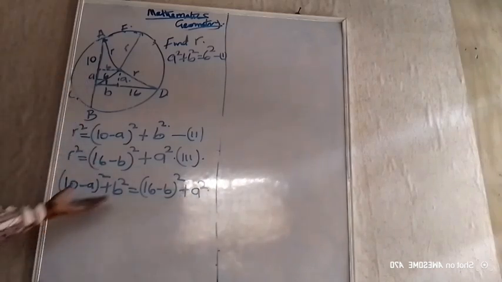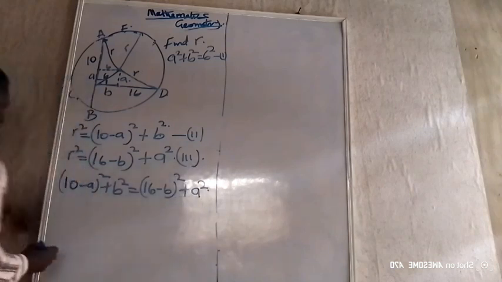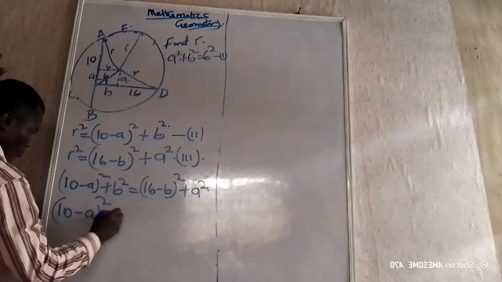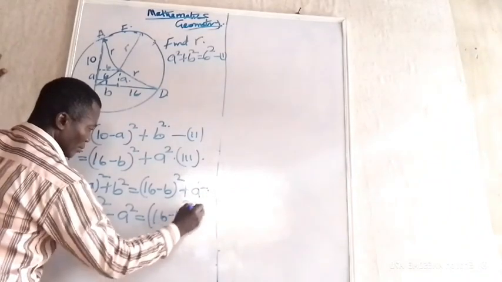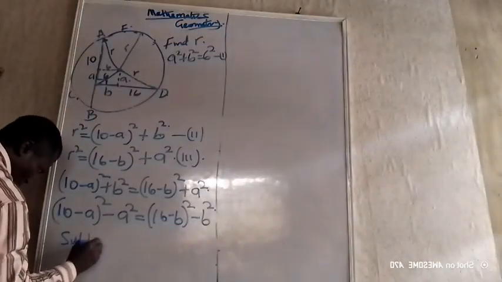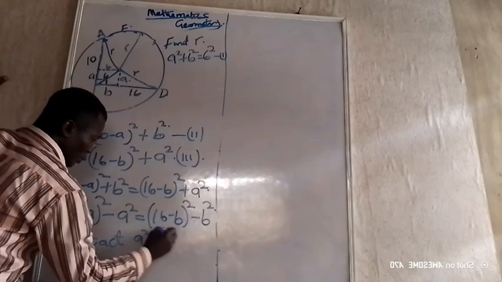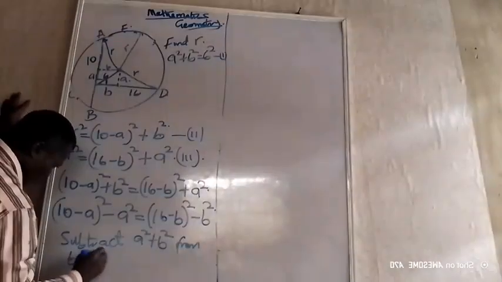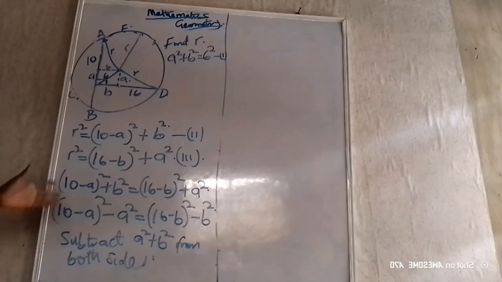Now let's subtract a squared from both sides and b squared from both sides. So we are going to have (10 minus a) squared minus a squared equal to (16 minus b) squared minus b squared. We subtracted this from both sides.